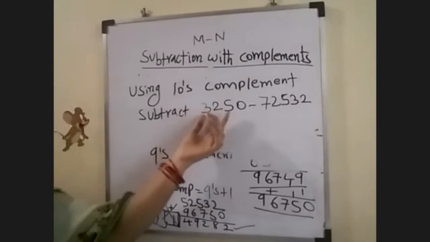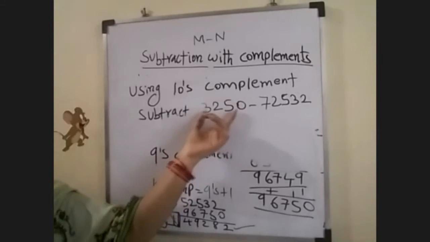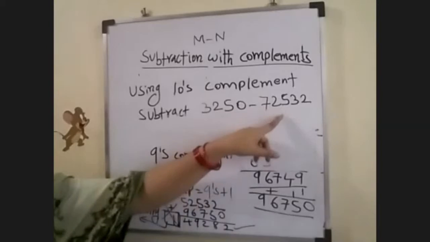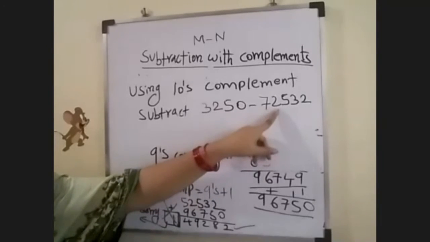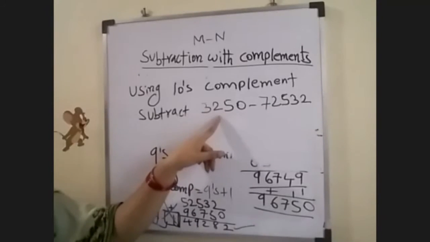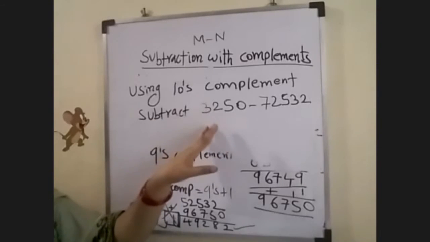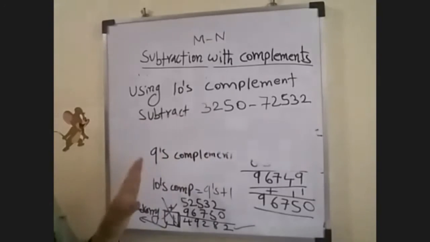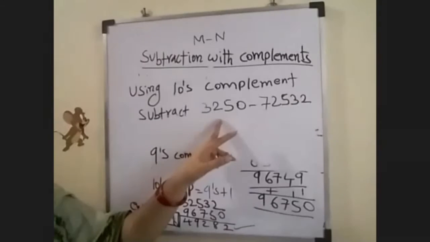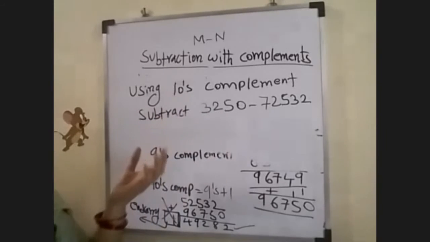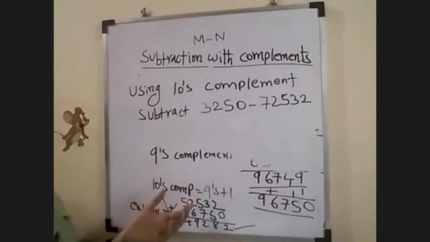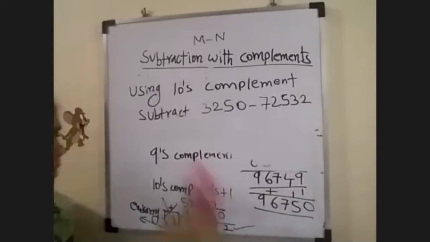That means first you have to equalize the number of digits in the minuend and subtrahend, take the 10's complement of the subtrahend and add it to the minuend. If there is any end carry, discard that end carry and the remainder is the result. If it does not produce an end carry, take the 10's complement of the result and place a negative sign in front of it. So we will do this one.